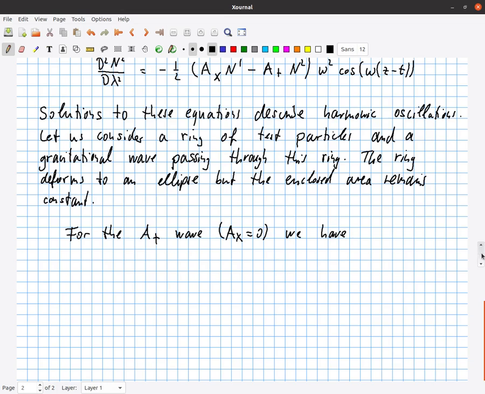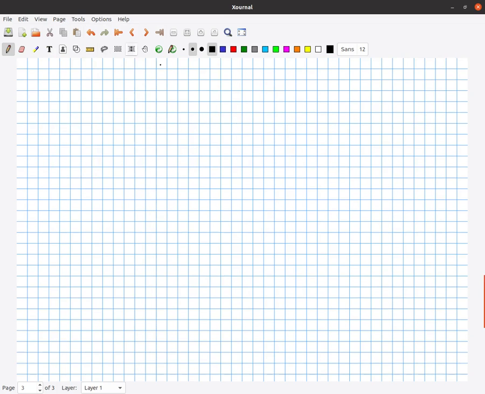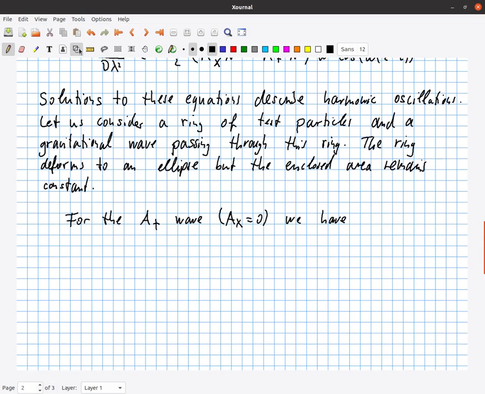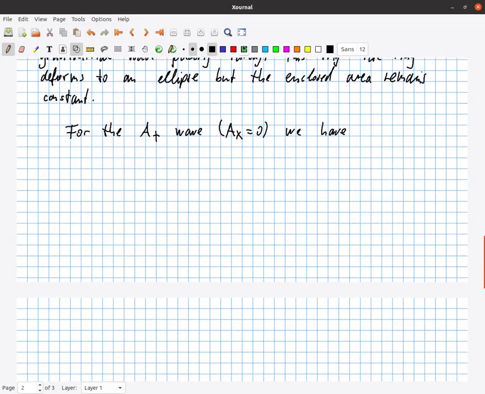This is sort of the picture you should try to have in mind. Let's see if I can draw this nicely. And I think I used dark green for my little test particle, so I'll try to do this again. Here we have a circle.